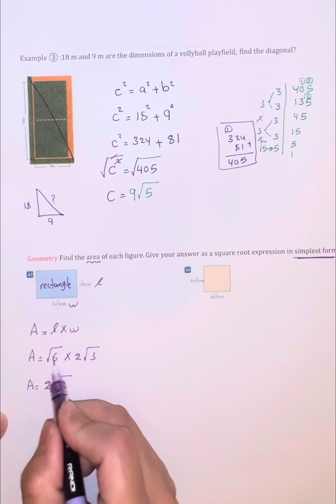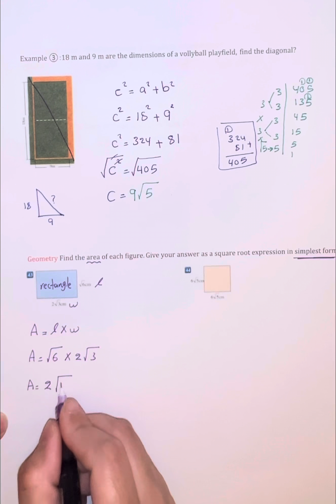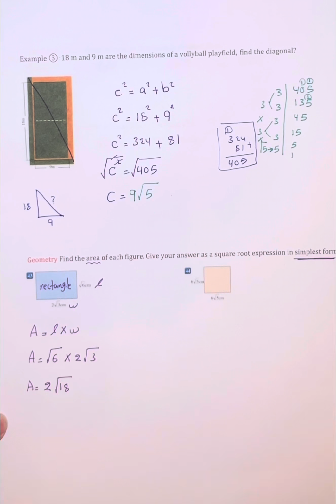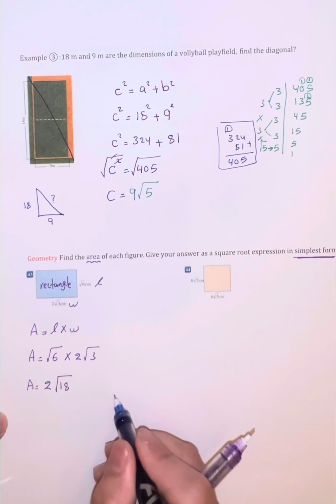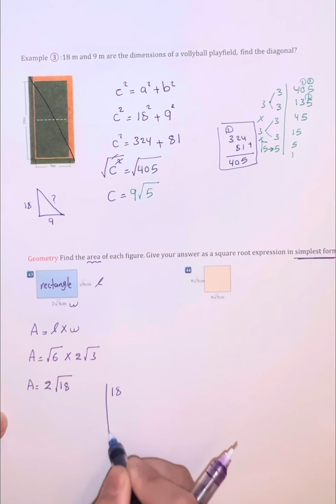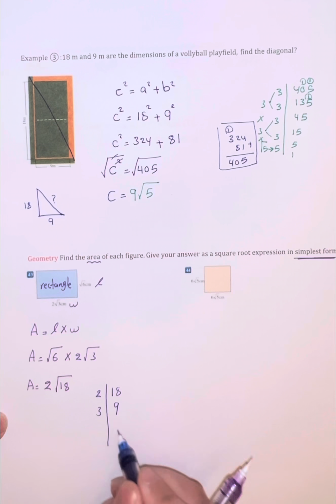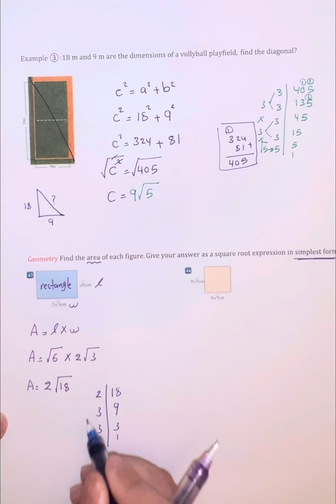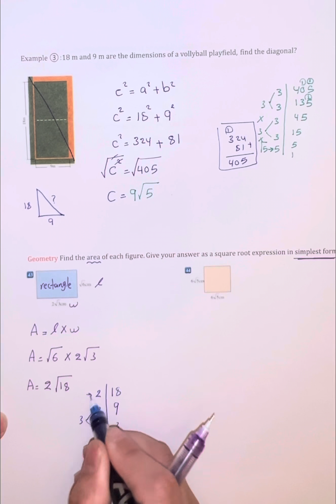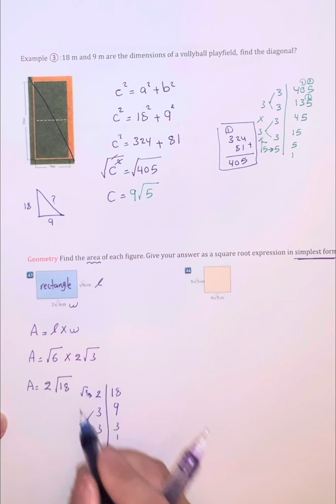Square root of 6 times 3 is 18. 18 is not a perfect square, so I will factorize it. Divided by 2, 9, divided by 3, 3, divided by 3 is 1. So it will be 3 square root of 2, okay?